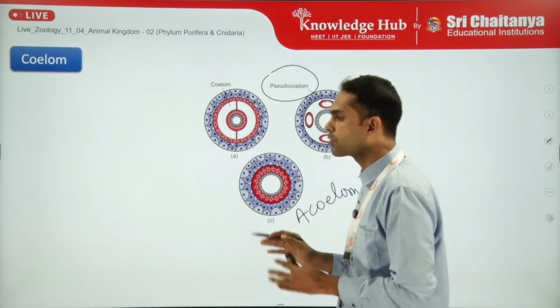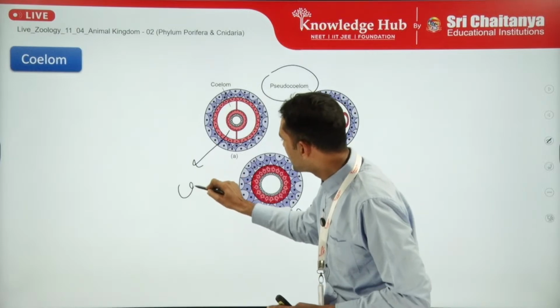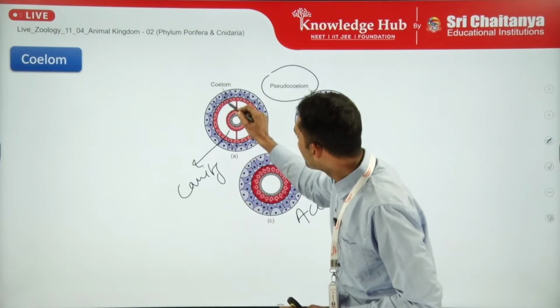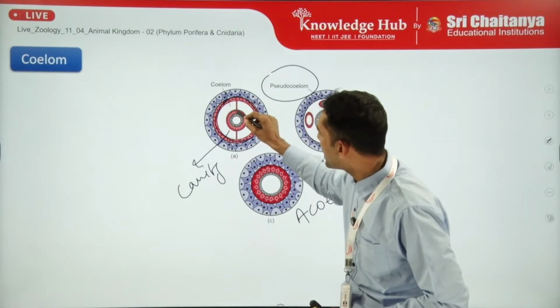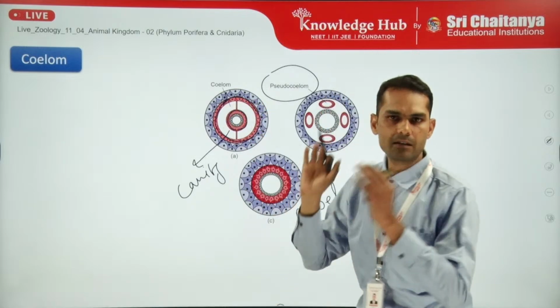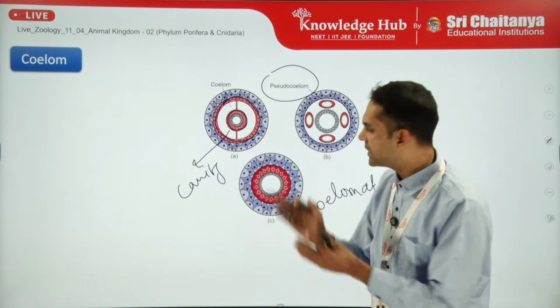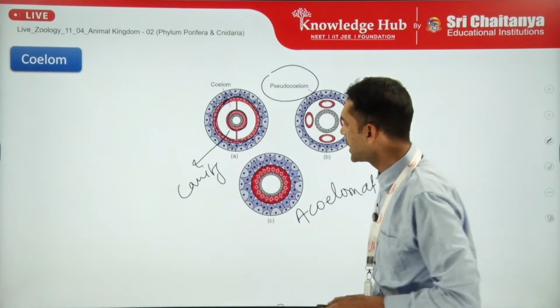And then comes the true coelom, in which the cavity is enclosed by the mesoderm germ layer. So here we can see the mesoderm is present on both sides and the cavity is enclosed by the mesoderm derived germ layer. That is why we are calling it true coelom, right?